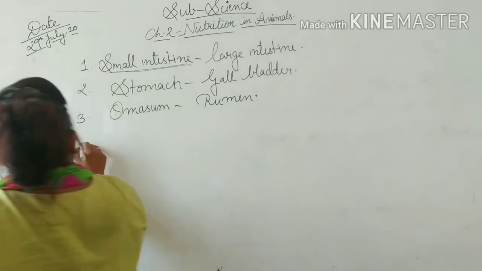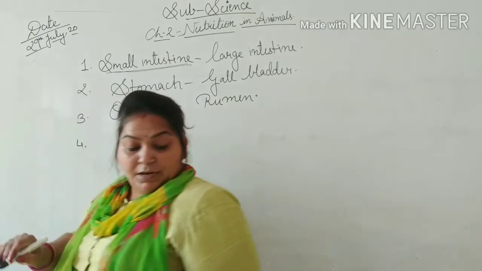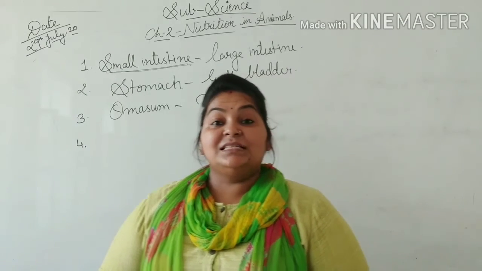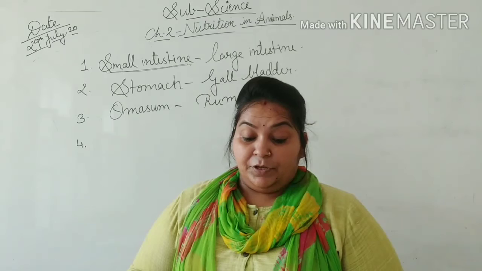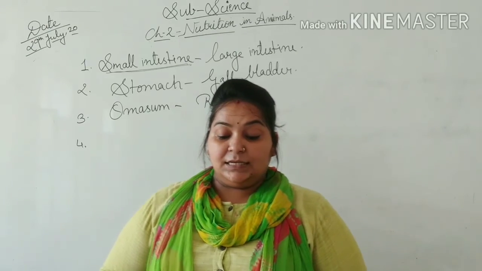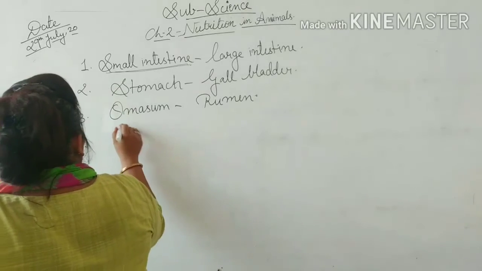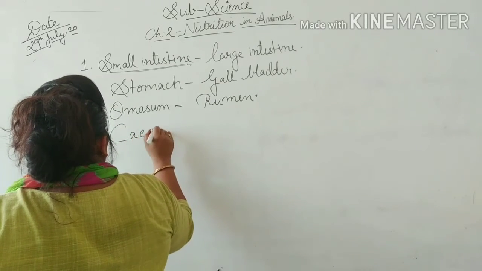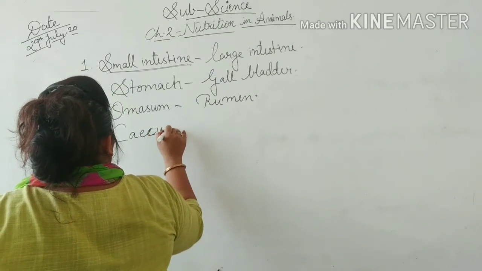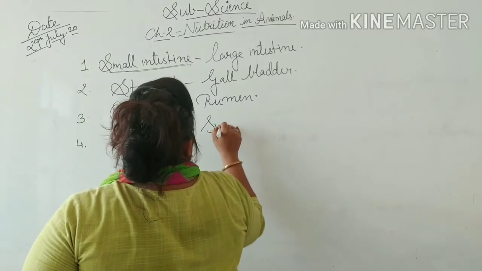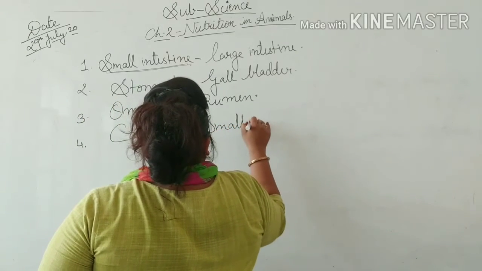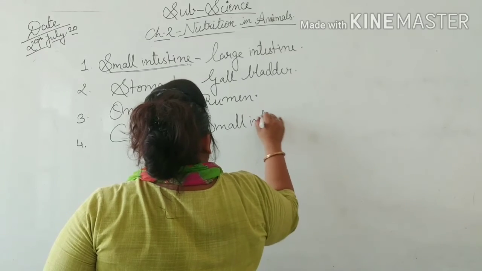Okay. Number 4: proteins are digested by humans in the cecum. Is it so? No, proteins are digested in the small intestine. So it's not cecum, the answer will be small intestine.